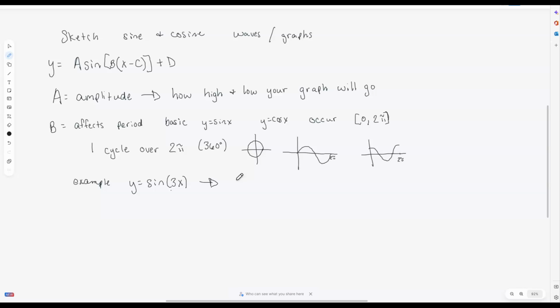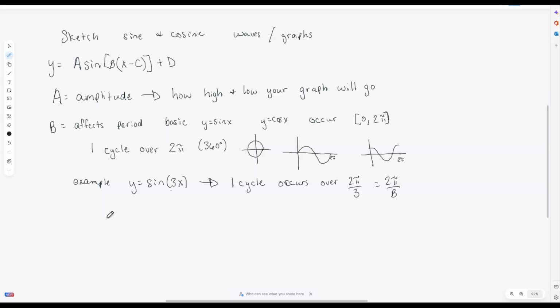The first way is to say that one cycle occurs over 2 pi over 3. This is your 2 pi over your b. So you have one cycle that occurs in a third of the way, or 1 over b of the way.